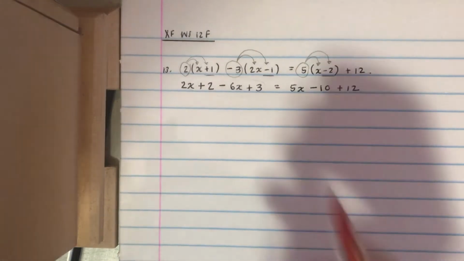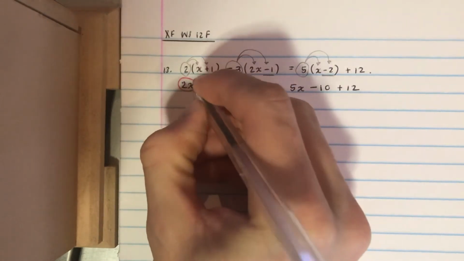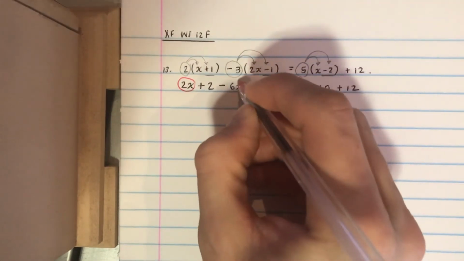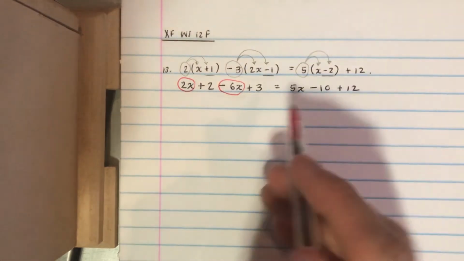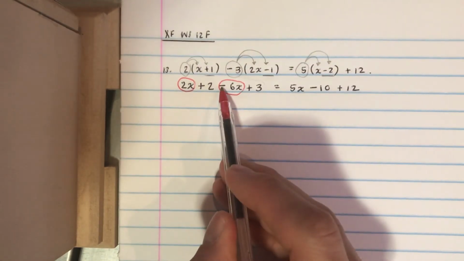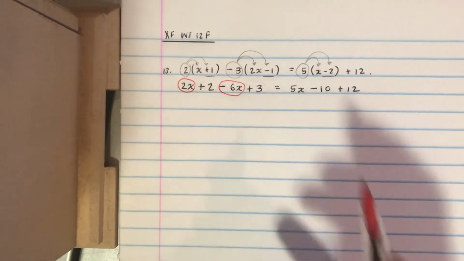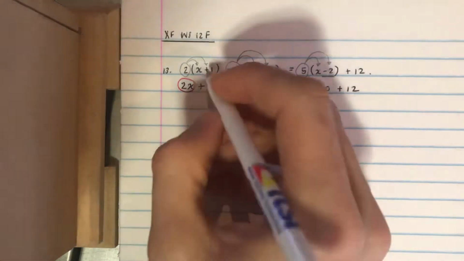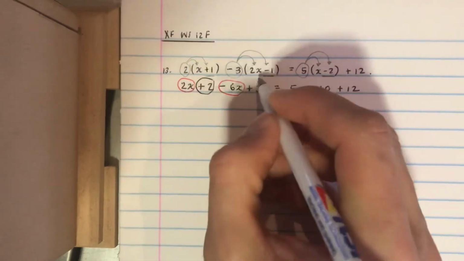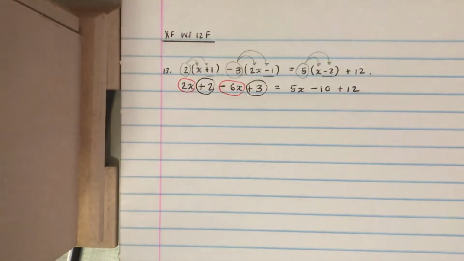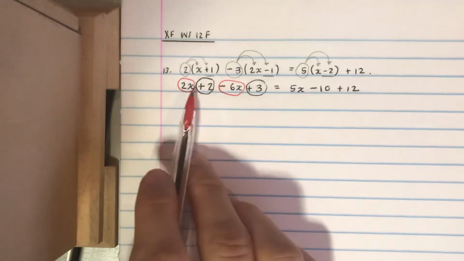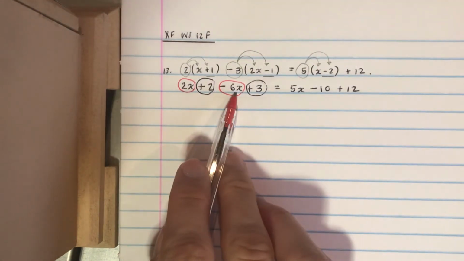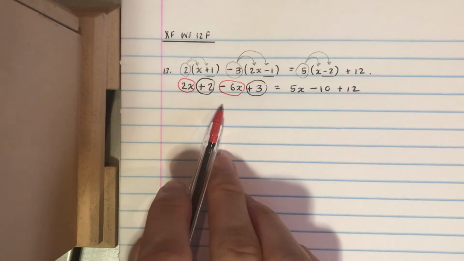So let's see, for the left hand side, there we have a 2x. And then we have also a negative 6x. Please remember that the sign belongs to the term. Very important. And then we have a positive 2 and a positive 3. So let's first simplify this. Well, 2x minus 6x. Remember, your answer will also have your like term in it.